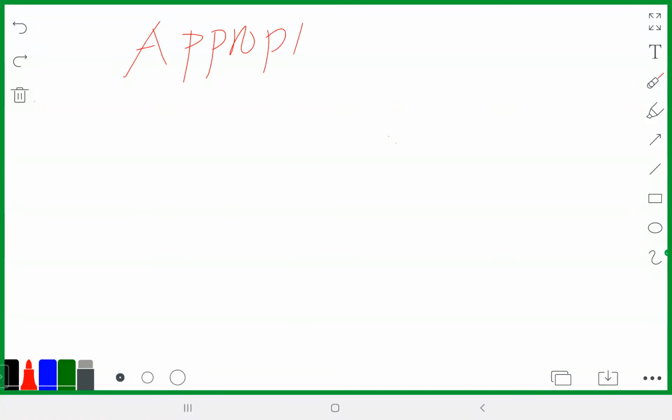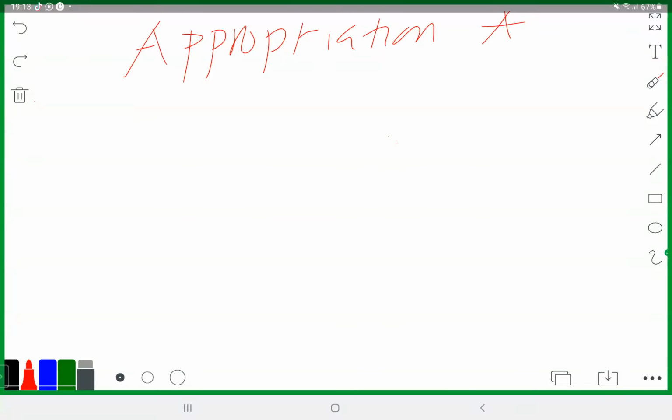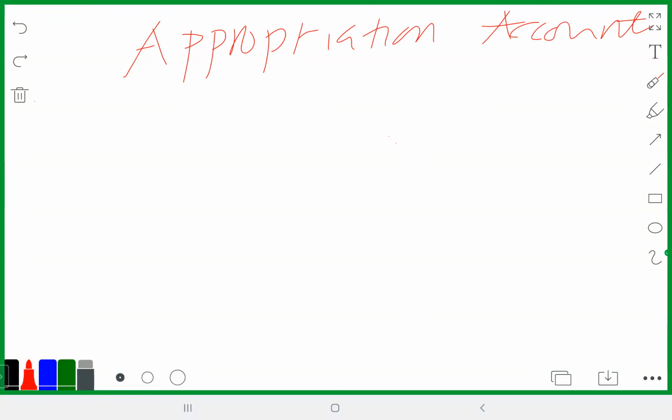Appropriation account. So what is the format for the appropriation account? That is what we are supposed to look at.